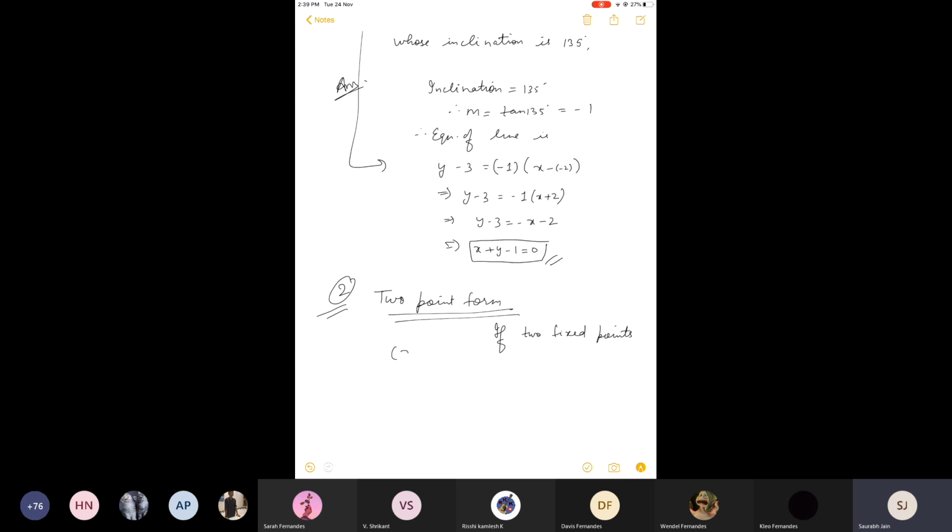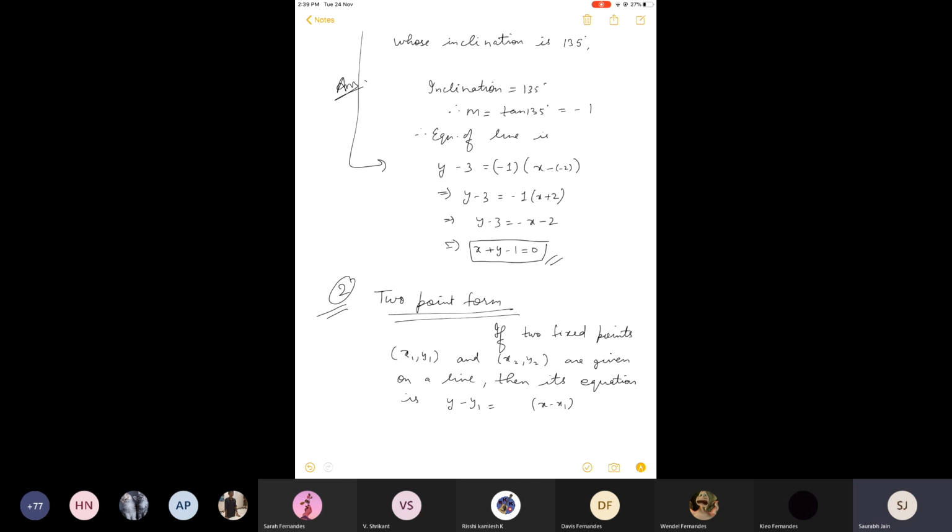If two fixed points x1 y1 and x2 y2 are given on a line, then its equation is given by y minus y1, here x minus x1.